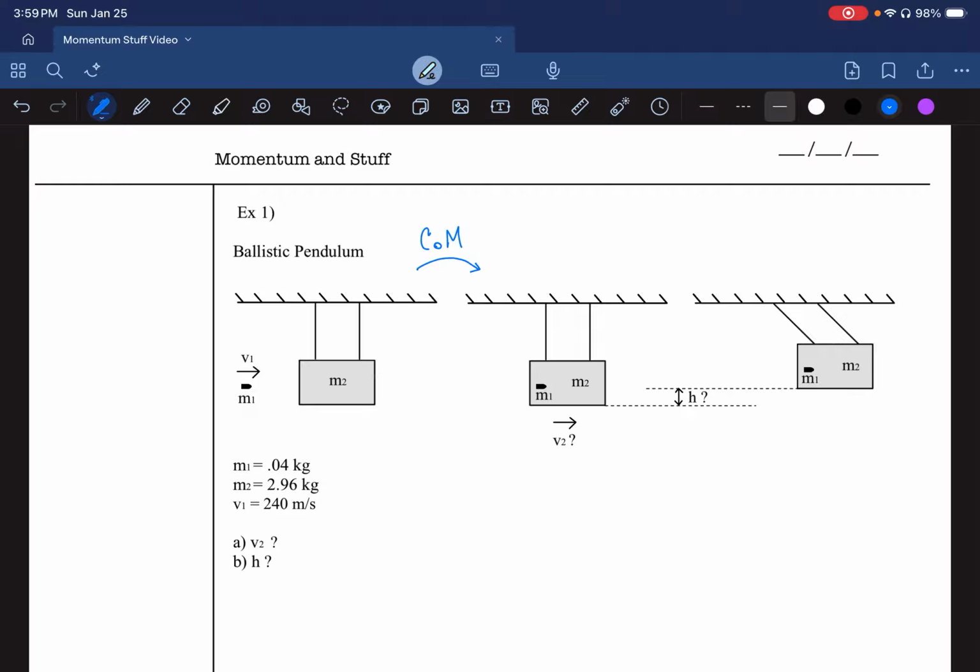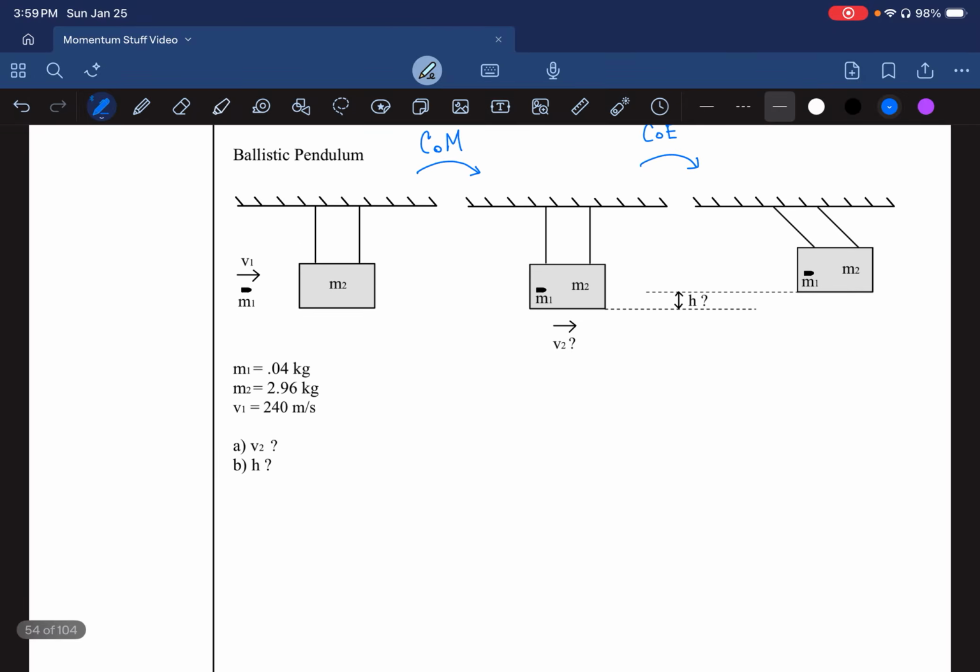So that's what we're going to use to solve the first part to figure out v2. And a lot of times when something changes heights, you should consider the conservation of mechanical energy. And that's what we're going to use to solve this.